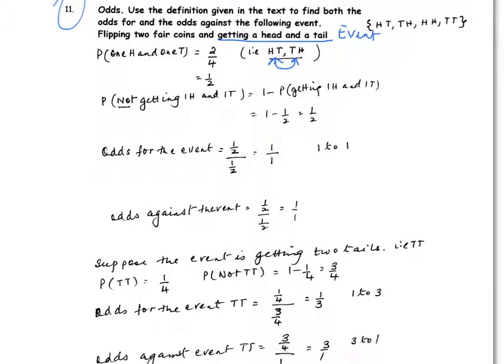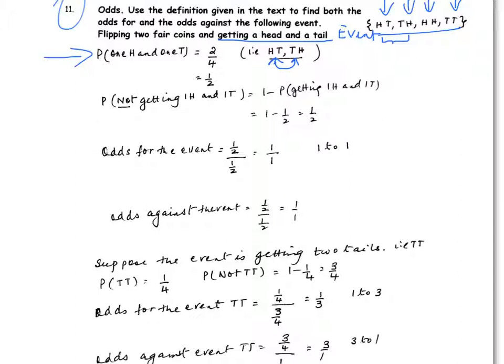So the probability is 2 out of the total of 4. All the possibilities are HT, TH, HH, and TT. Out of those 4, 2 favor the event of getting one head, one tail.